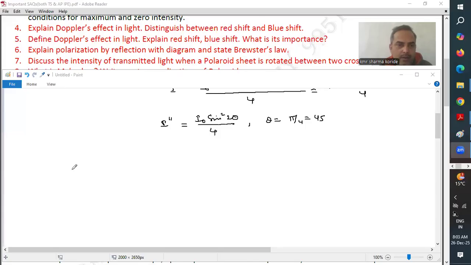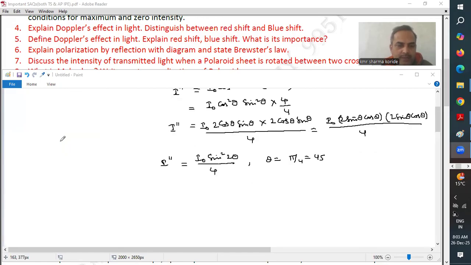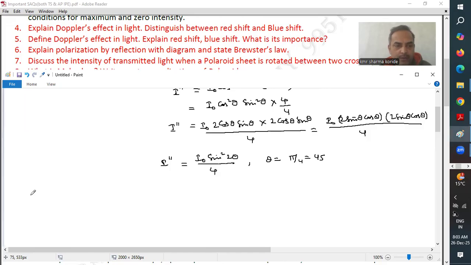Let us write some points related to the diagram. Consider 3 polaroids P1, P2, P3.